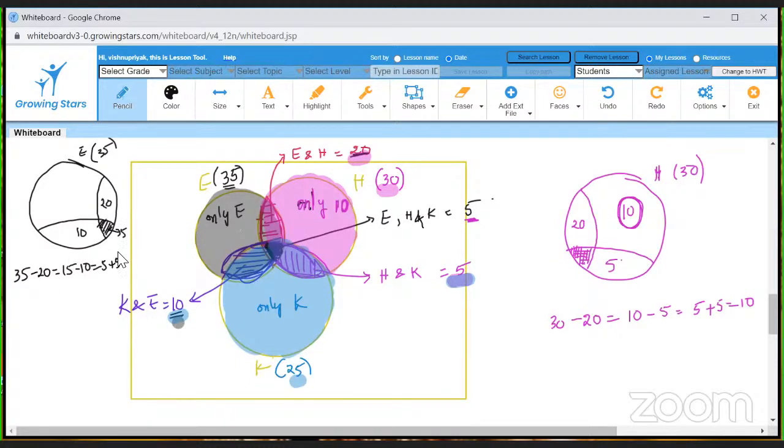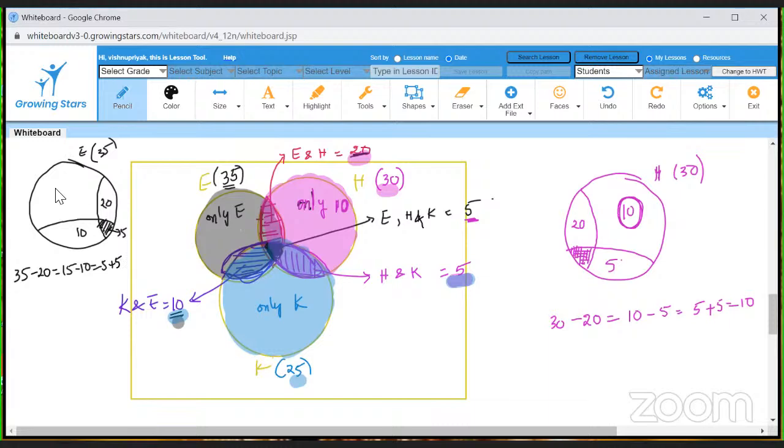So those who speak all the 3, I'm removing only 1 time, not 2 times. Because I have subtracted 5 two times, I have to subtract only 1 time. That is why I'm adding 5. Did you understand?